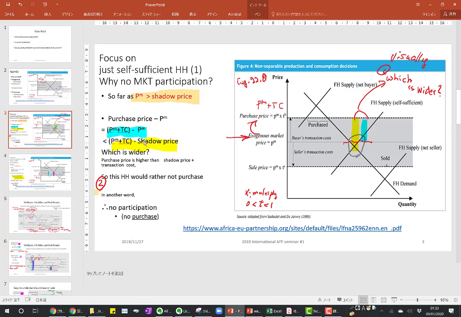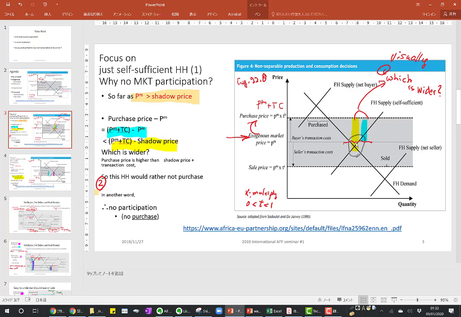Yellow is defined as market price plus transaction cost, which is shown as the upper bound minus shadow price.